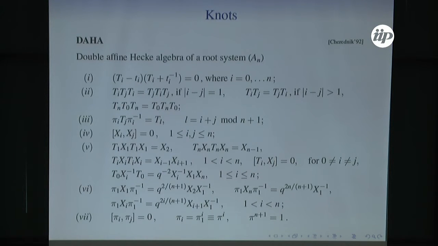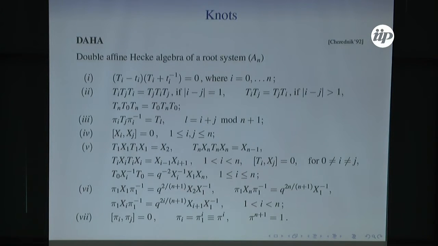So you can consider affine Hecke algebras. They correspond to affine Weyl groups. So you can elaborate this construction a bit more. That was done by Cherednik in the 90s to construct this extension that also incorporates the spectral parameters in the algebra.